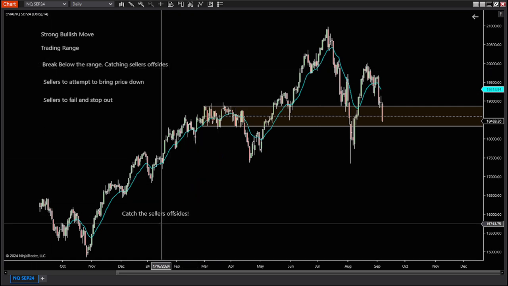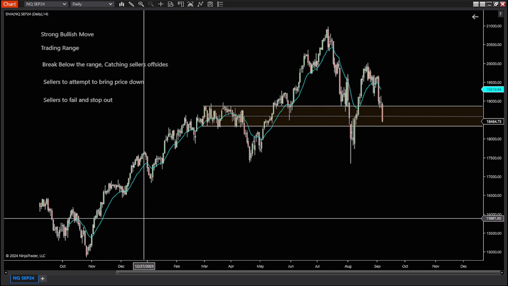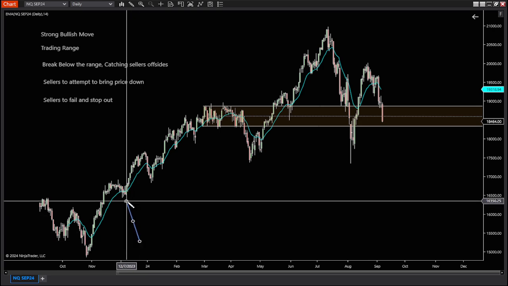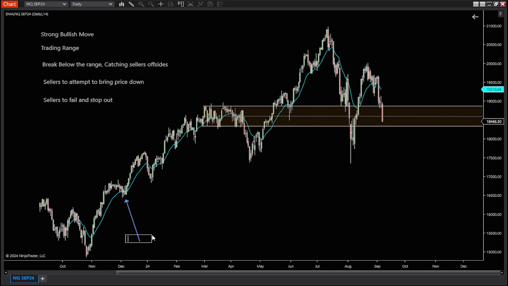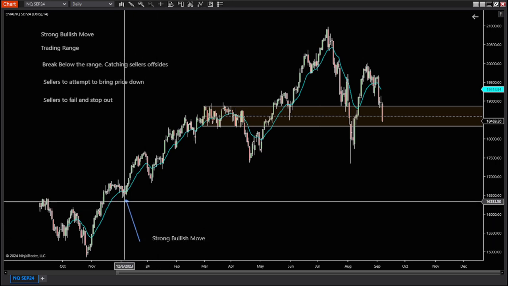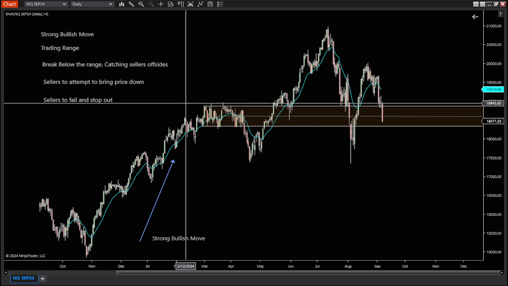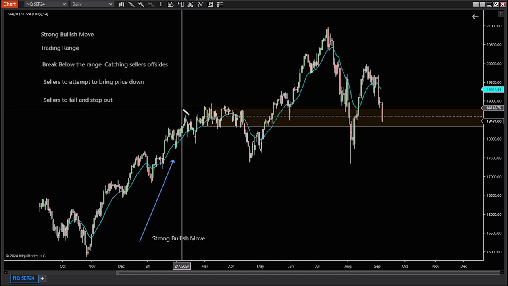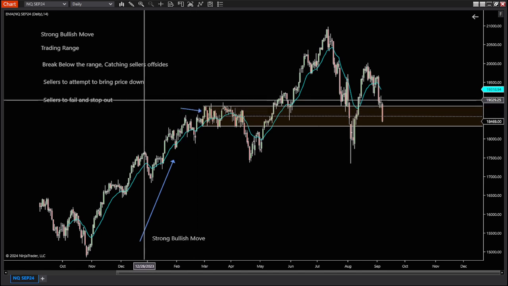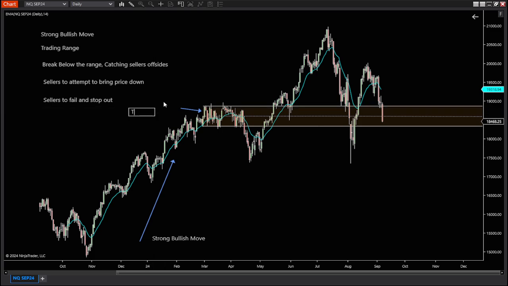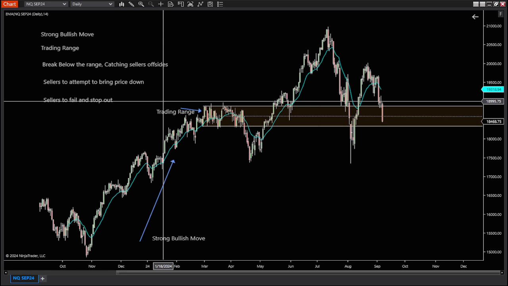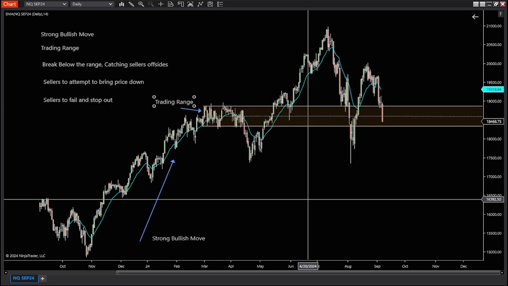So right here we have our strong bullish move. We have our strong bullish move all the way up. Right here we have our trading range. Here's our trading range.